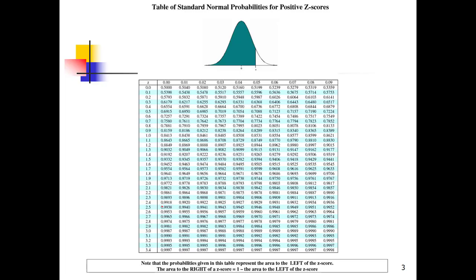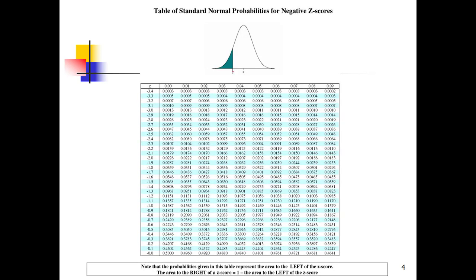You are familiar with this curve. It is a Z curve that you remember. We have positive values for Z and negative values here. For any Z value, we go to this table and we can read the area on the right of that Z value.